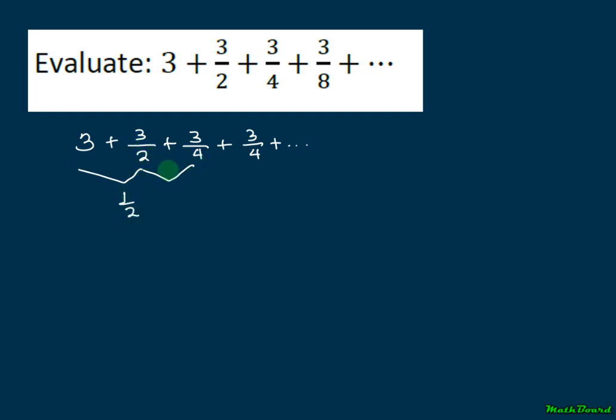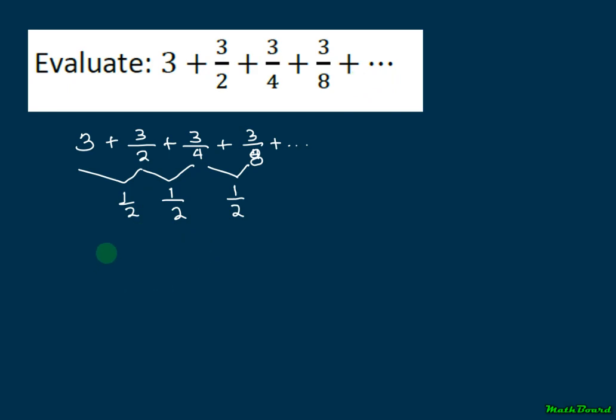So 3/4 divided by 3 over 2, 3/4 times 2/3, we cancel 2, that is 1/2 also. This should be 8, sorry. 3/8 divided by 3/4 is also 1/2. So this is geometric, but we do not know the last term, therefore it is an infinite geometric series.